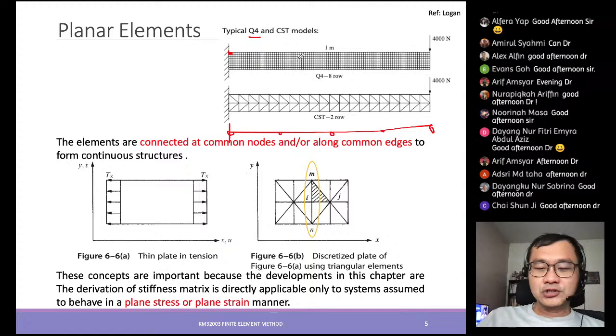So you can see that we can always approximate, depending on the type of element that you select to model your physical problem.